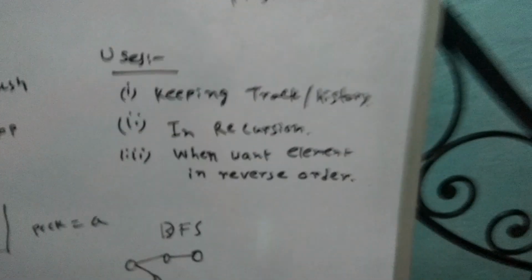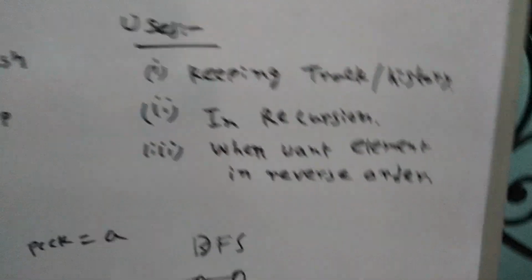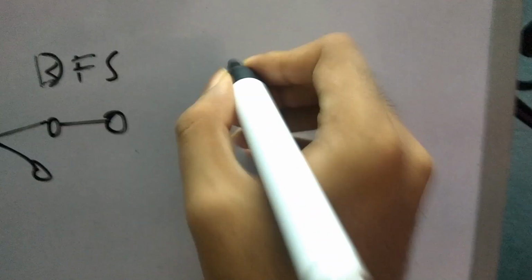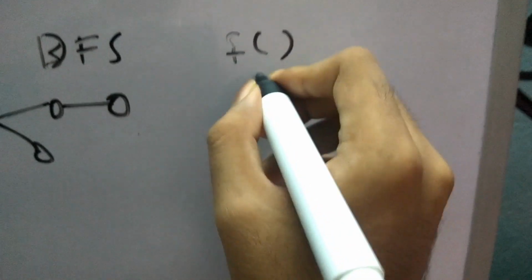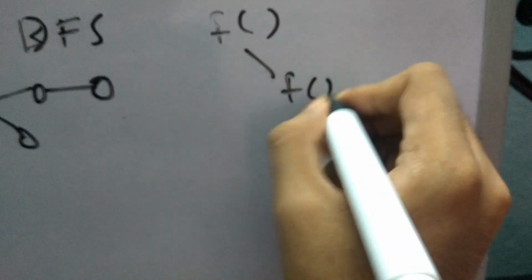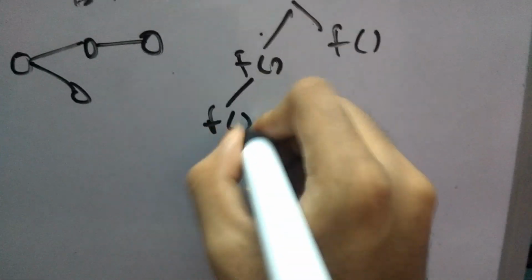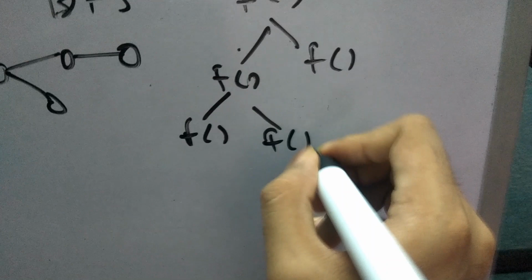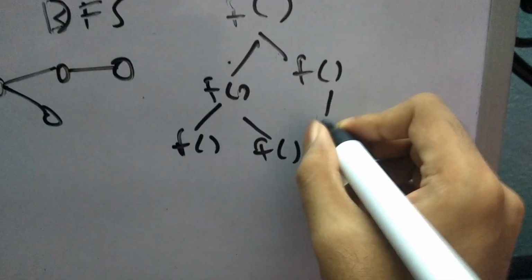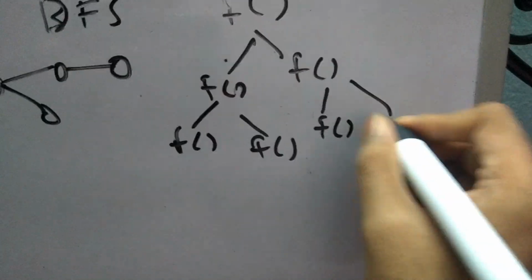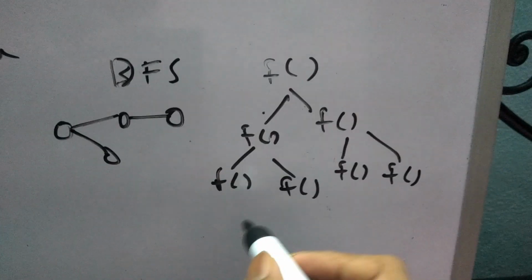Another useful use case is in recursion. As we know, recursion is a function calling itself. Let's suppose a function f is calling another function f, and that is calling again a function f. I'm not writing down the parameters over here; imagine any parameters they have, and these are the base cases of this function.